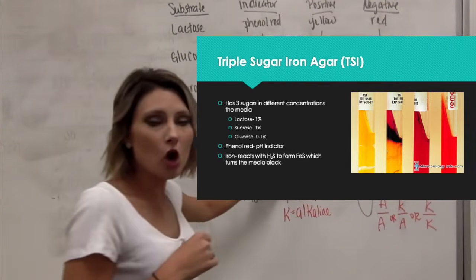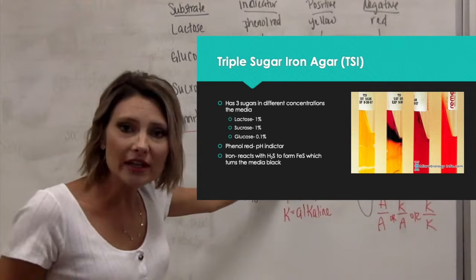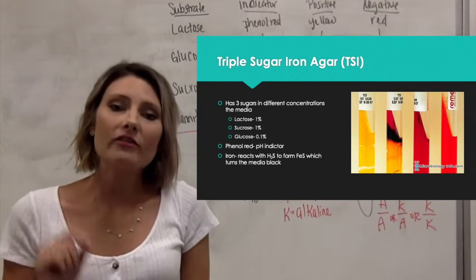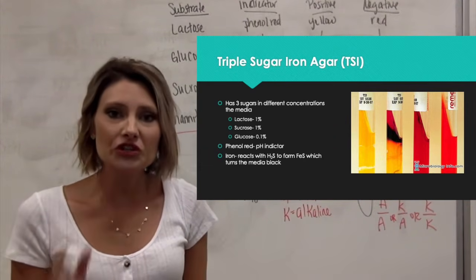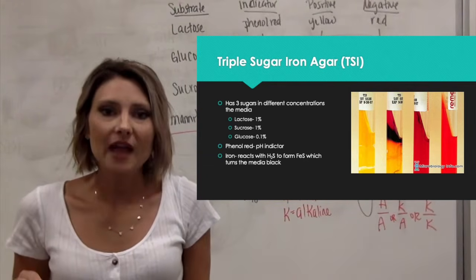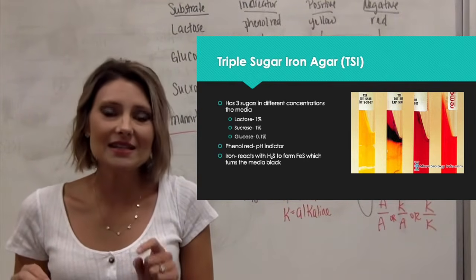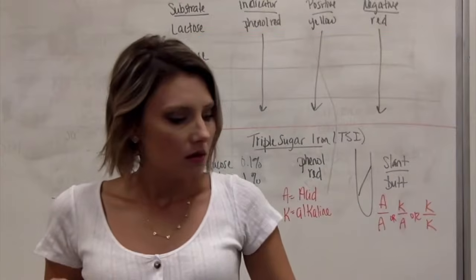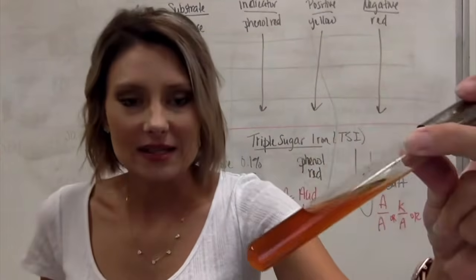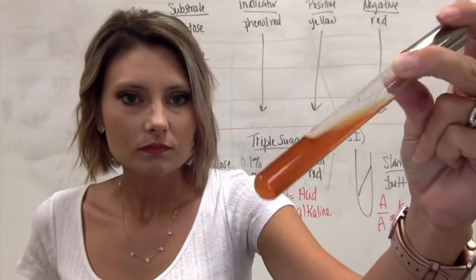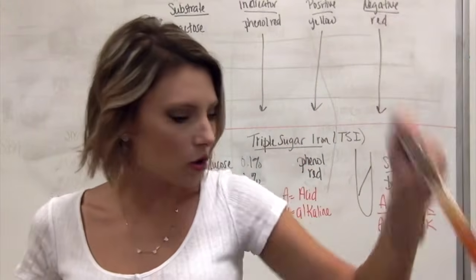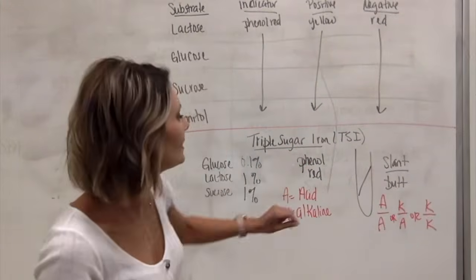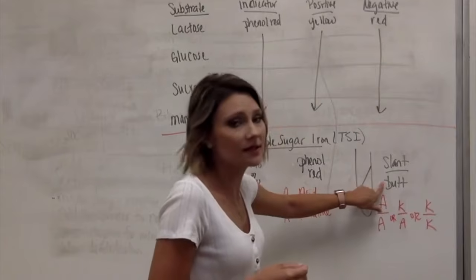There's also phenol red in the tube. So what are we going to be looking at? Fermentation. Can the bacteria ferment these sugars? Yes or no? Now, since this is a slant, the way that we're going to read this is called slant over butt.